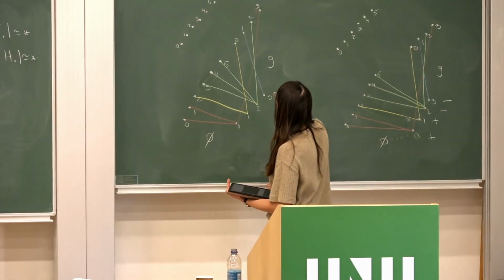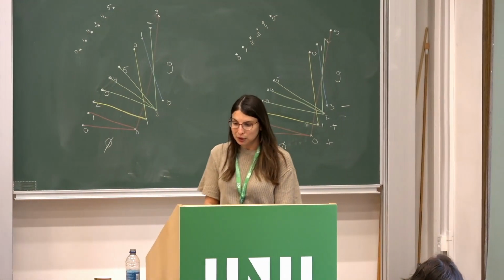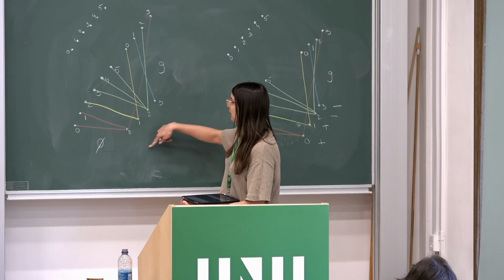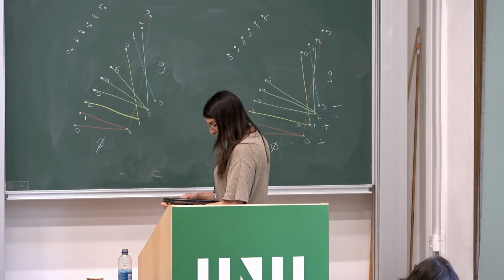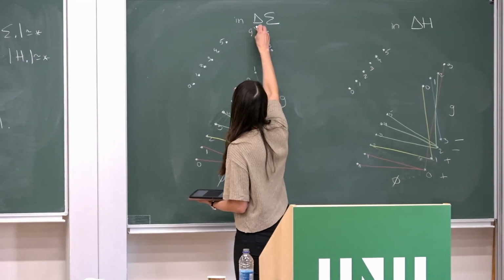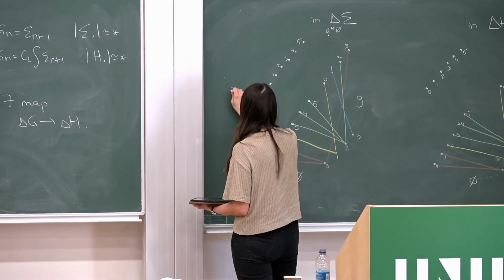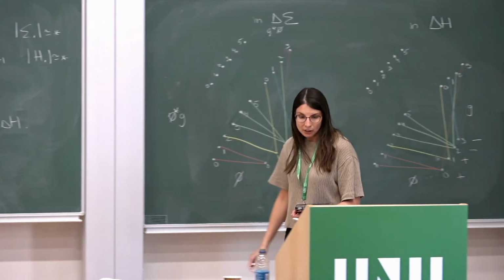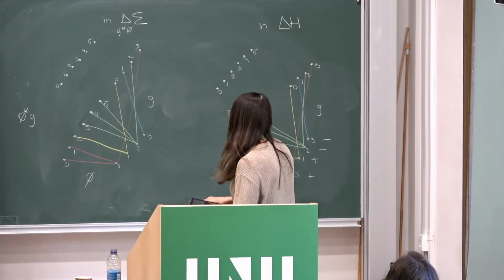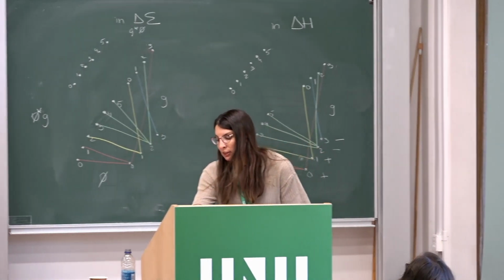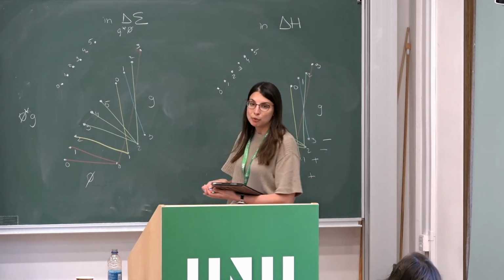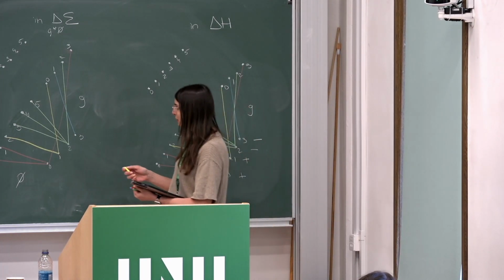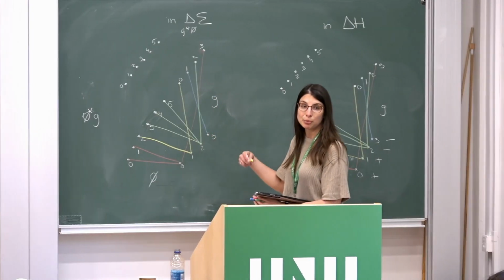Okay, so how do we make sigma, delta sigma into a cross-simplicial group? Here I gave you an example of a phi and a g, and I need to tell you how to define the g star phi and the phi star g. Okay, so let's see what we can do. There's not much choice at the top for the mapping in delta, because that's completely determined by the sizes of the pre-images, and it has to be order preserving.